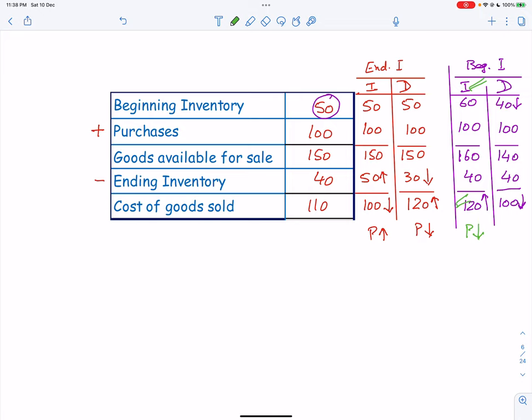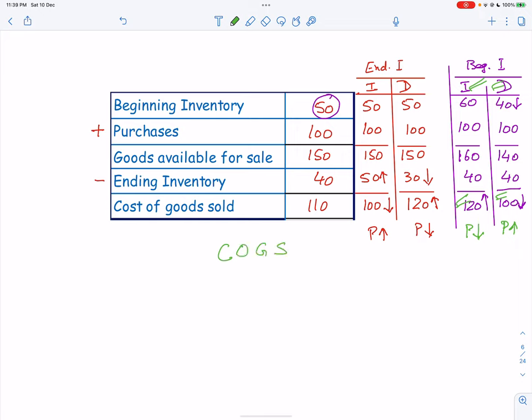And the decrease in the beginning inventory will decrease the cost of goods sold, and this will increase the profit. So beginning inventory and cost of goods sold have a direct relationship. We can just put it over here as well.